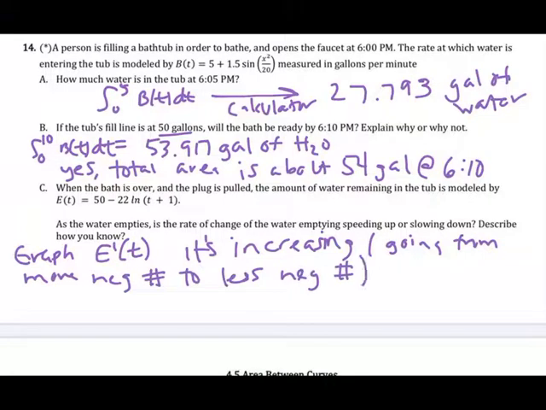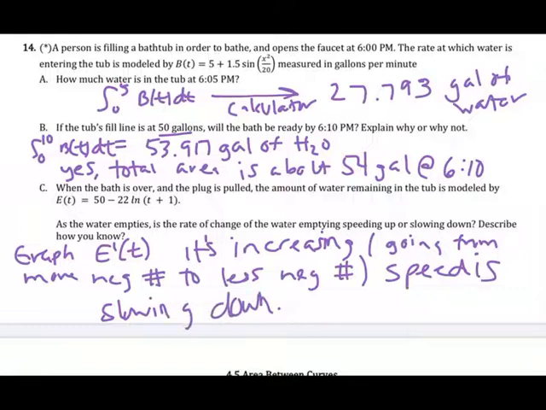So what does that really mean? I'm starting at like negative something. I'm getting less and less and less negative as the time is increasing. So what that actually means is that the water is being emptied, so the speed is slowing down. Which is what that question was asking.